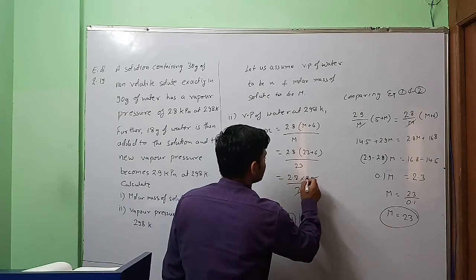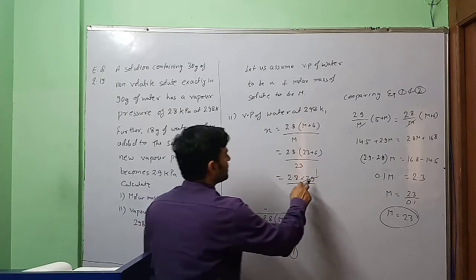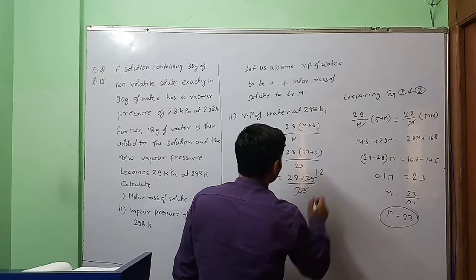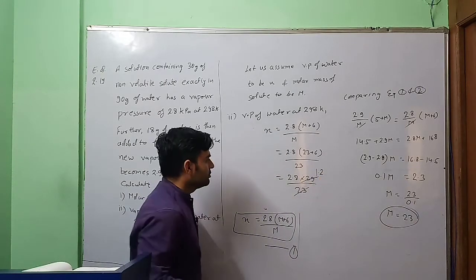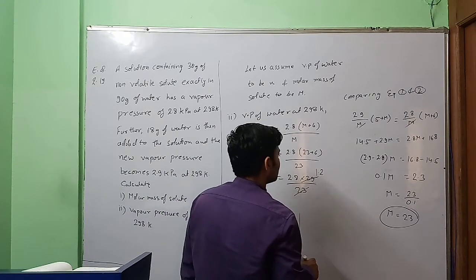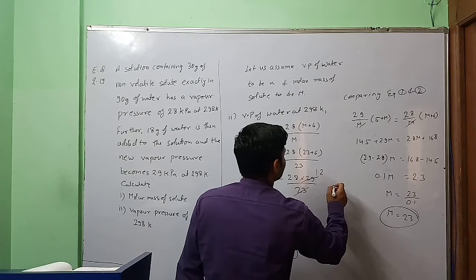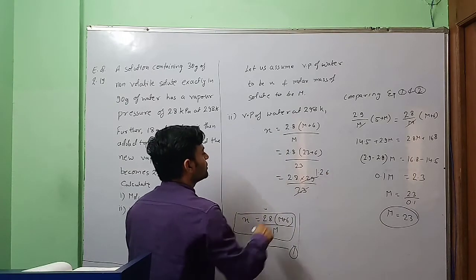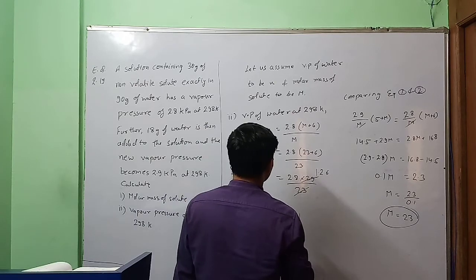We can cancel this, 1, remainder will be 6, it will become 60, 2, 46, then 14 will be remainder, 140 we will get, and for 140, 23 into 6 is 138. So 28 into 1.26.